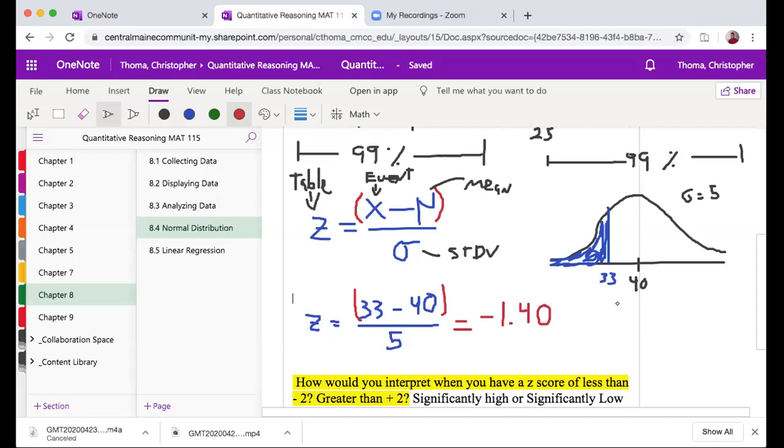So now I go to my little chart. I'm not going to bring mine back up because you all can see it. We know how to read it now. And I find negative, which tells me I'm on the negative chart.